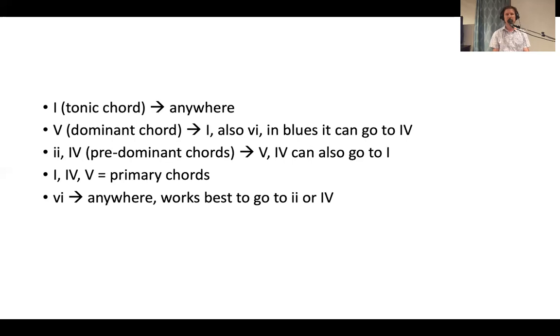Next, I want to talk about the 6th chord. Your options are really open when it comes to the 6th chord. It could go anywhere, but I want to point out that it works really well for the 6th chord to go either to the 2 or the 4 chord. If you think about an example like this, you might start on the 1 chord. Let's say I go from 1, 6, and then from 6, if I go to 4, then it makes sense for the 4 to go to 5, and then it makes sense for the 5 to go to 1.